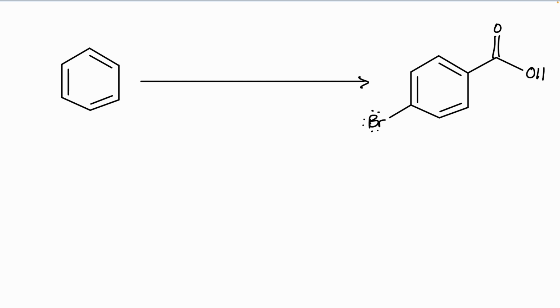You can use any reagent you want to do it here. Okay, but you need to convert that benzene to para-bromobenzoic acid. All right, everybody take a minute and see if you can come up with a pathway to do it.